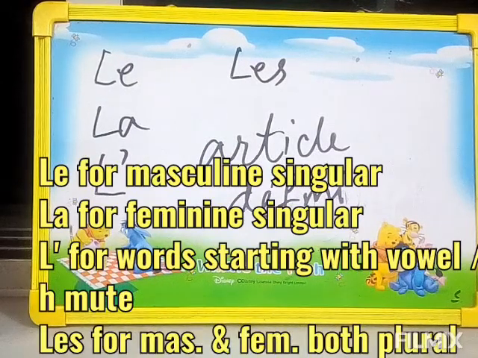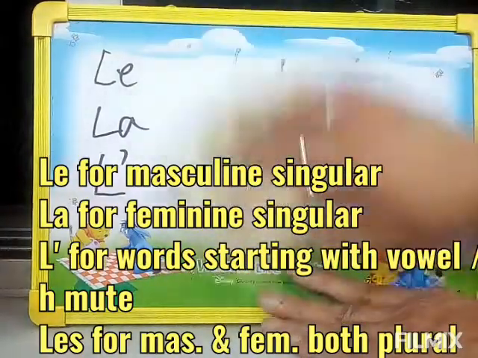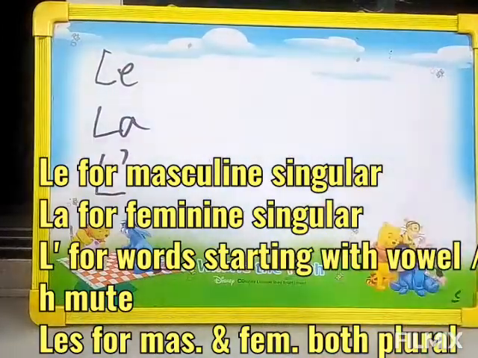In the French language, you have to know one thing: all the words and all the objects or things, whatever they may be, are classified into two genders, either masculine, male, or feminine, female. So table, chair, books, whatever the object, either masculine or feminine.